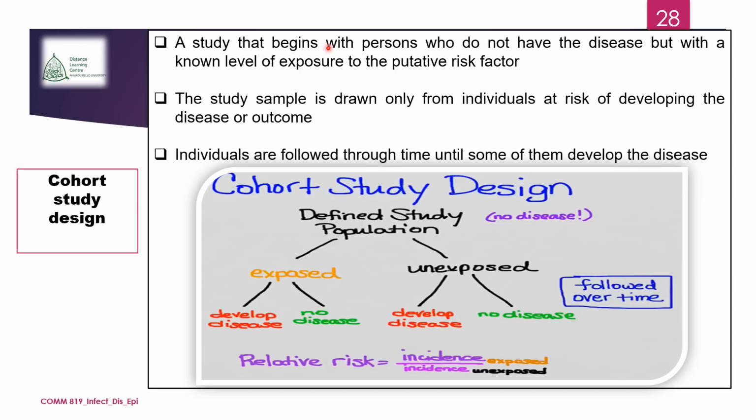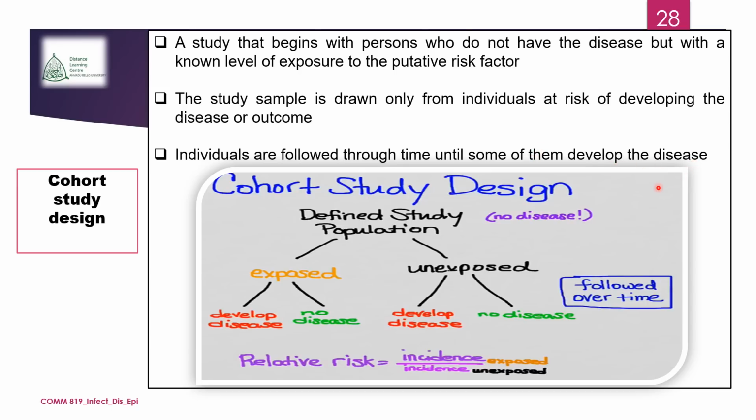It begins with persons who do not have the disease but with a known level of exposure to the putative risk factor. The study sample is drawn only from individuals at risk of developing the disease or outcome. Then individuals are followed through time until some of them develop the disease.